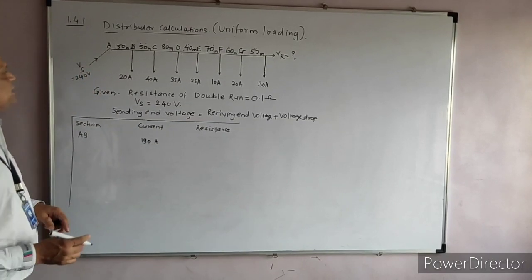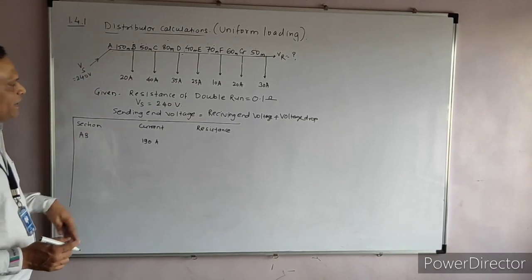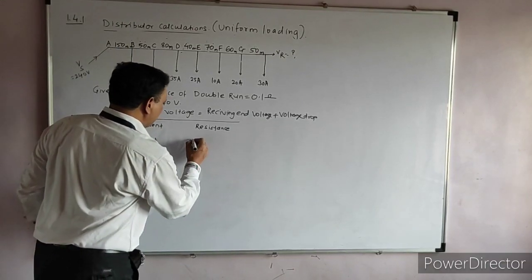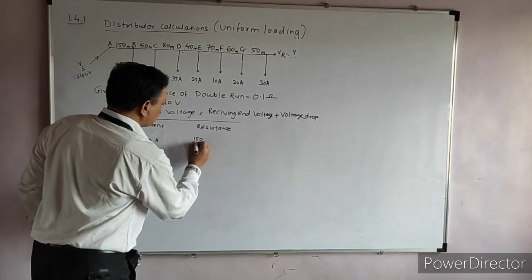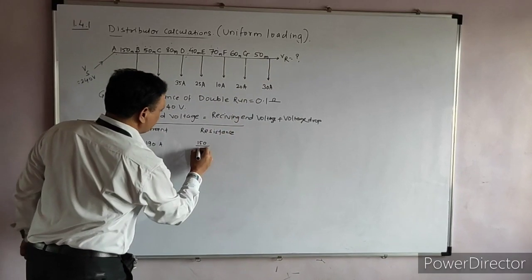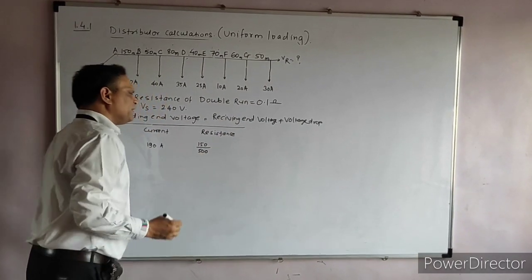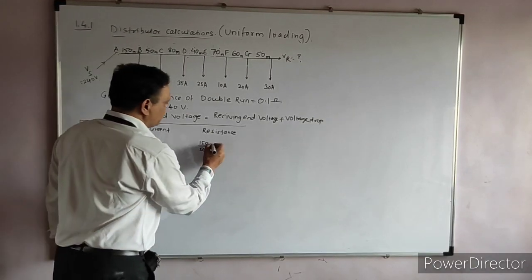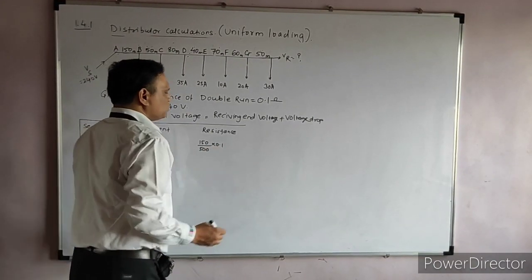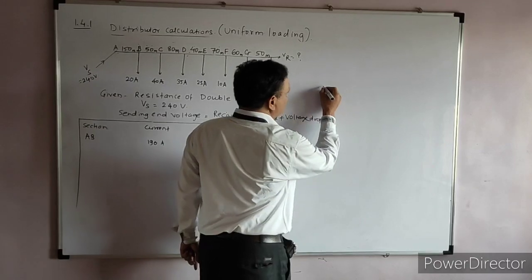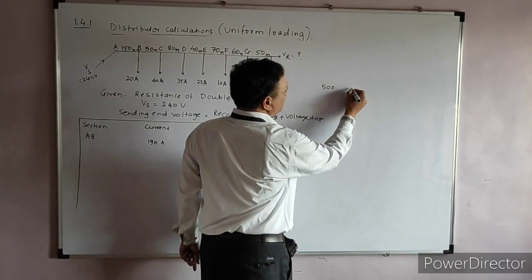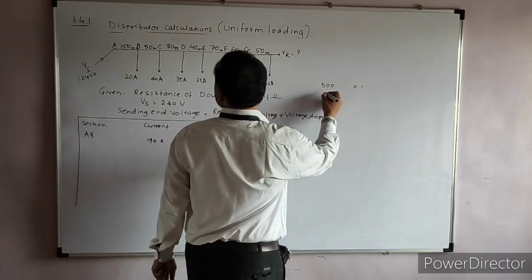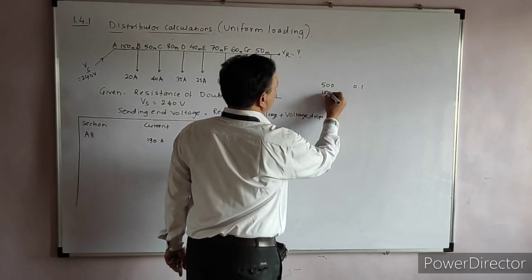Now what is the resistance? So for the double run let us calculate. This is 150 meters, but the total feeder is of 500 meter. If you calculate the total length, you will get 500, and the resistance of double run you have been given as 0.1. So if for 500 meters I have been given 0.1 as a resistance, what might be my resistance for 150 meter?